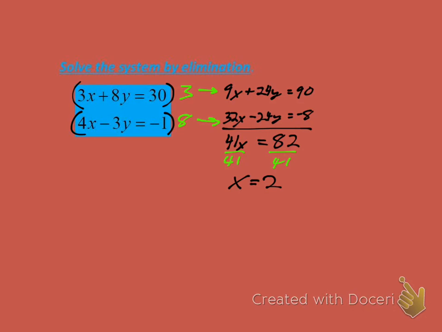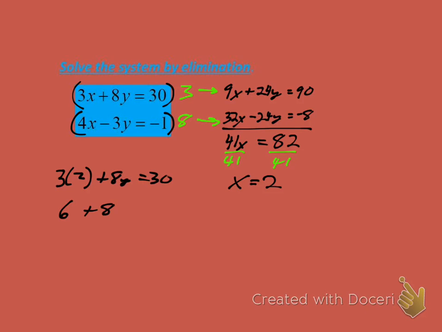Now that you have that, you take the 2. You can go into either one of these equations. It doesn't matter. I typically go into the top one just by habit, just because it's on top, and I don't know, it's on top and it wins, I guess. So 3 times 2 plus 8y equals 30. 36, there we go.